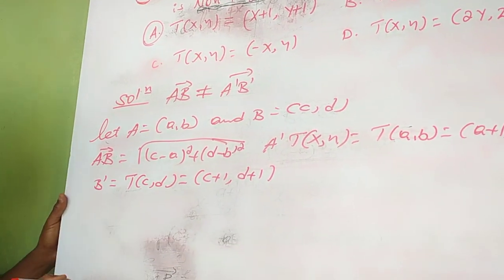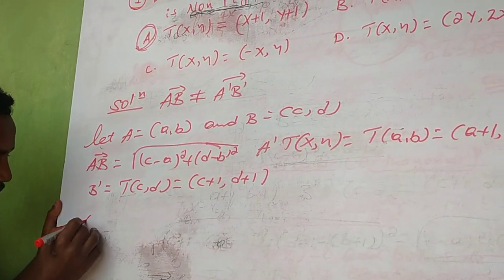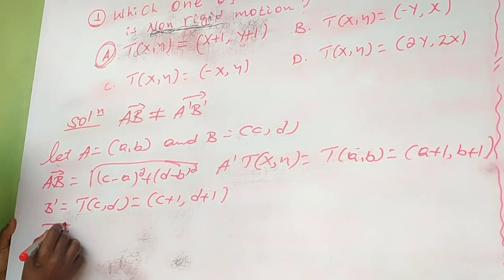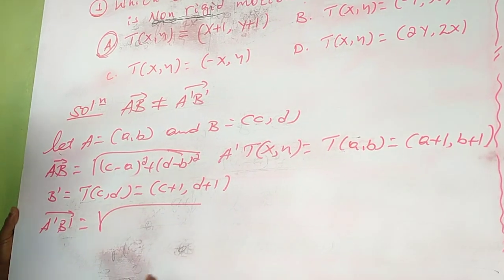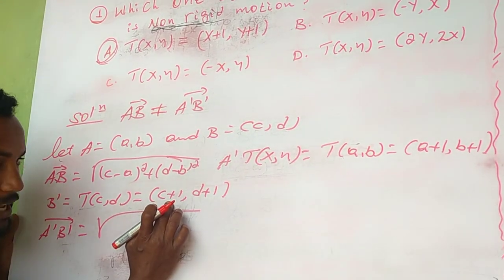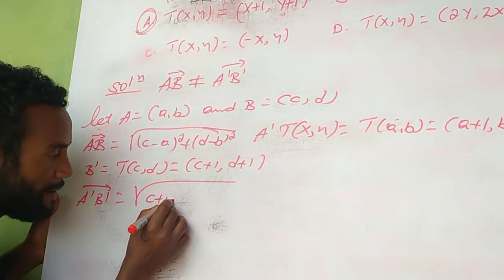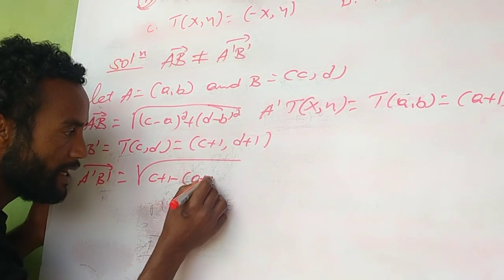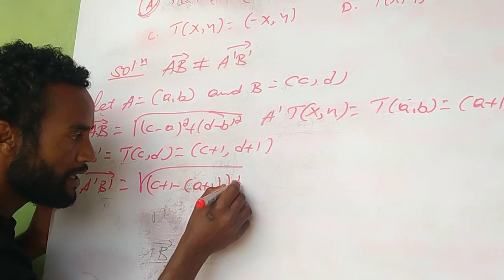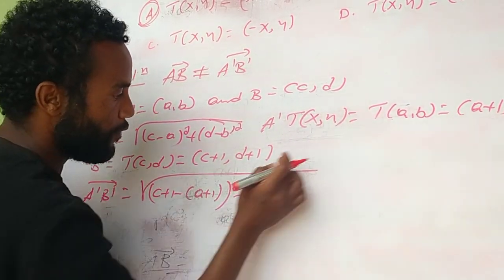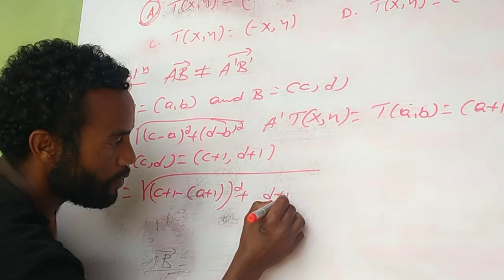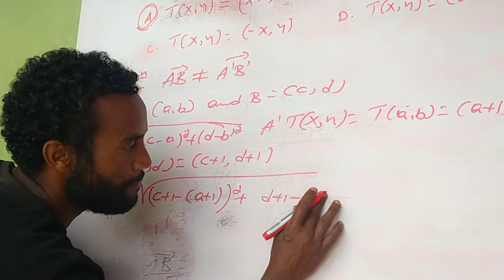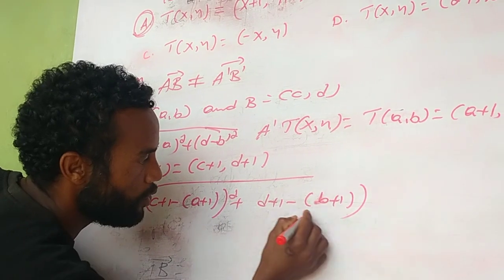Therefore the distance A prime B prime is equal to the square root of (c plus 1 minus a plus 1) the whole square plus (d plus 1 minus b plus 1) the whole square.